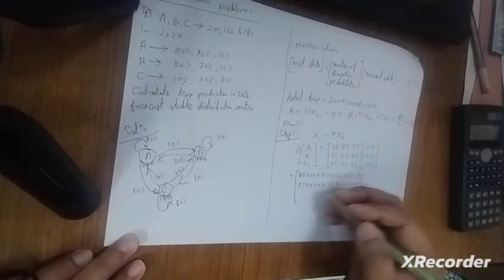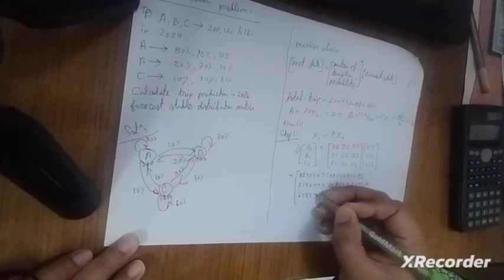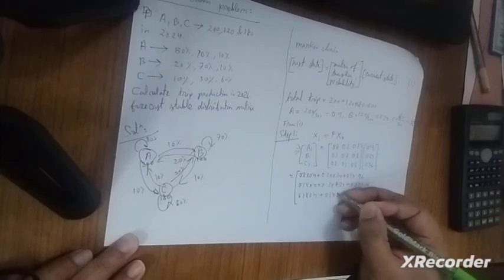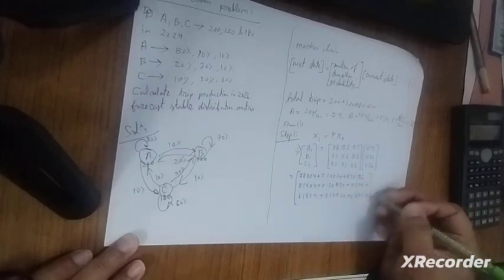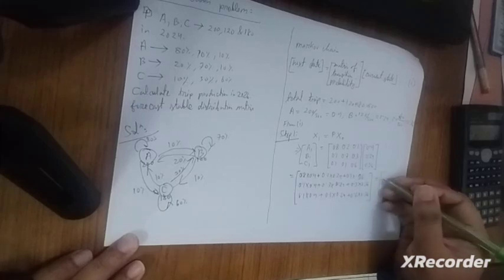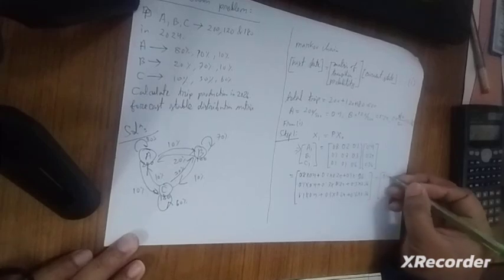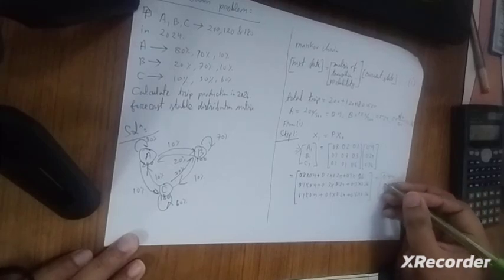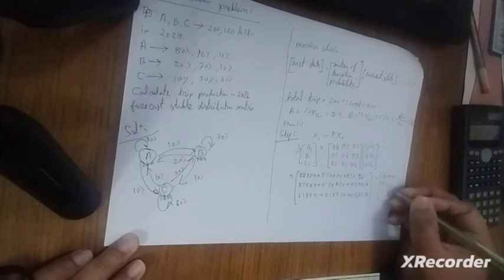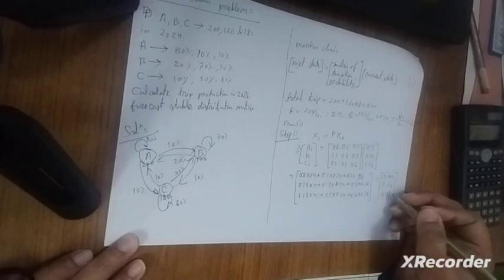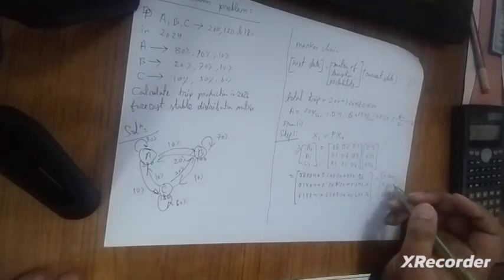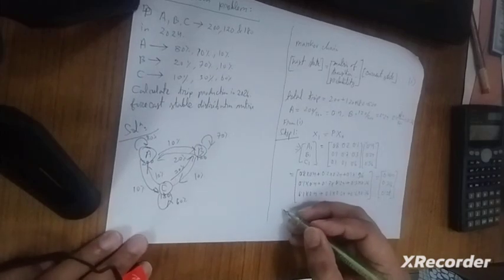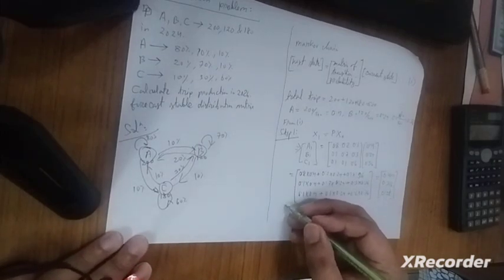Again in the third row, 0.1 times 0.4 plus 0.1 times 0.24 plus 0.6 times 0.36. So we can calculate these values using a calculator. Our values are 0.404, 0.316 and 0.28. So this will be the proportion of trips in the next year.